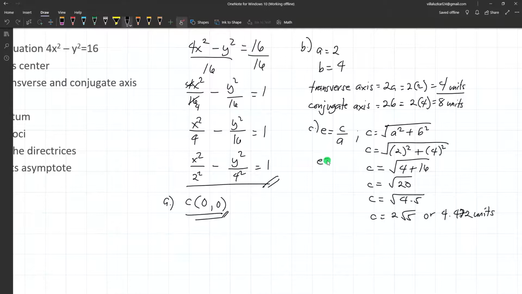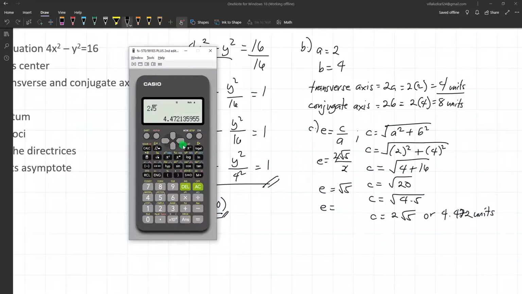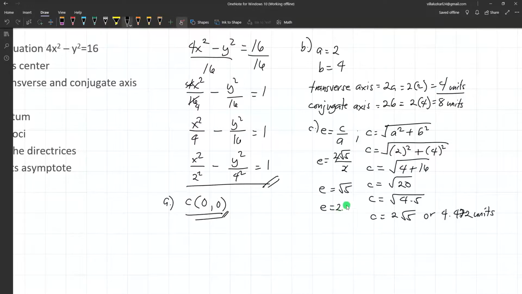So 2 square root of 5 over a, which is 2, cancel out 2, e is equal to the square root of 5, or 2.236. That is greater than 1. Therefore, it is really a hyperbola.